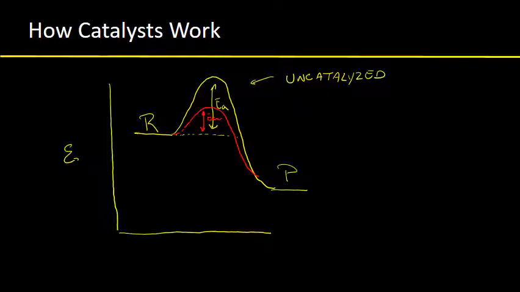And so the reaction profile for the catalyzed reaction looks like this, with that lower barrier. And if the activation energy for the catalyzed process is lower than for the uncatalyzed process, then the rate constant is going to be correspondingly faster. Right?